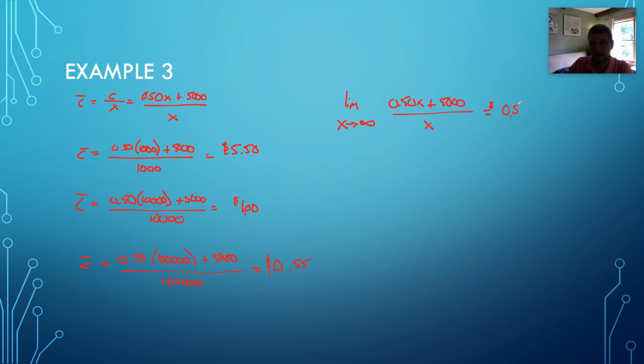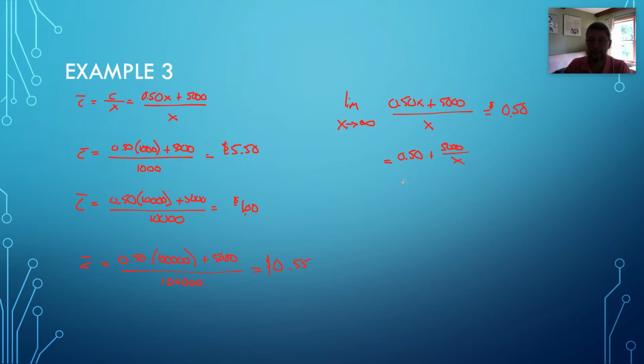All right. And the reason for that is if you break these up, first we're going to divide each term by the value of x. And so this is going to be equal to 0.50 plus 5,000 over x. All right.